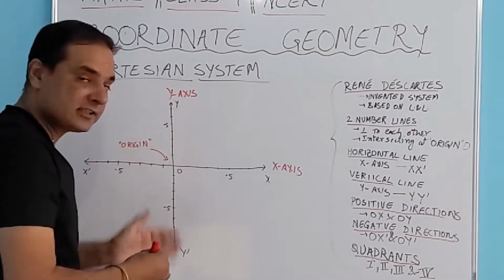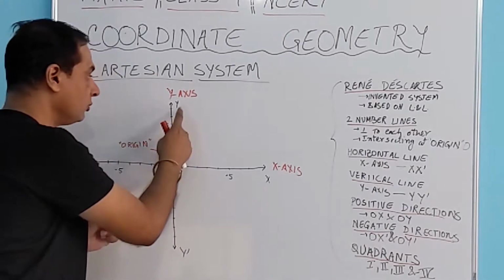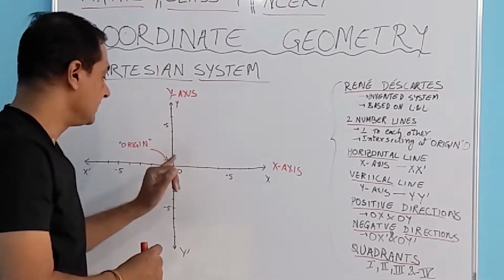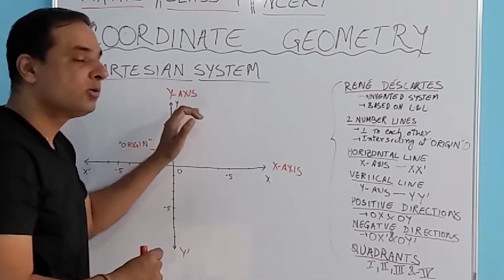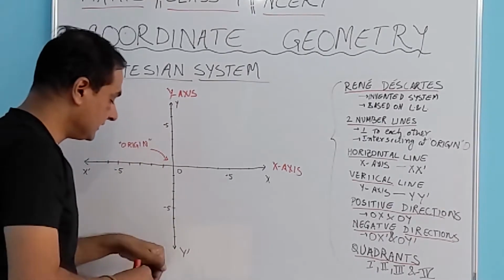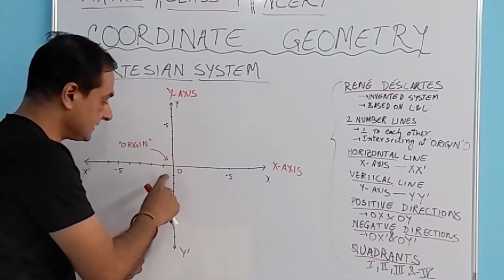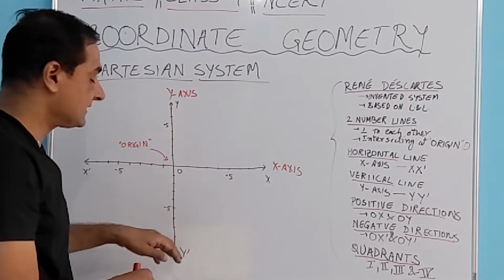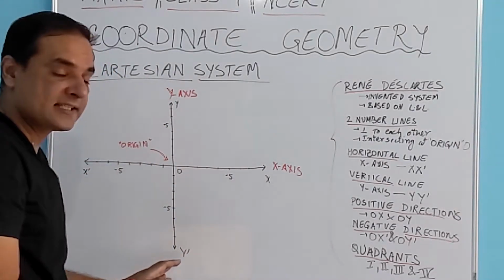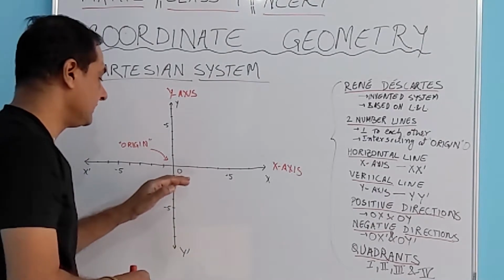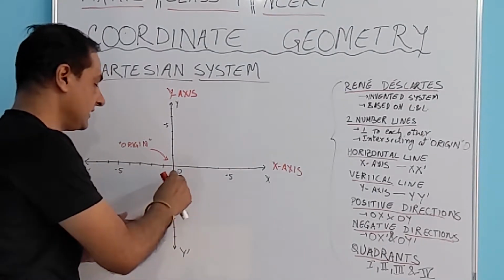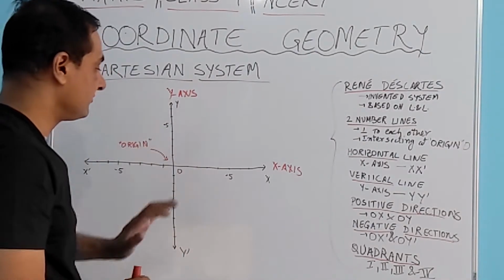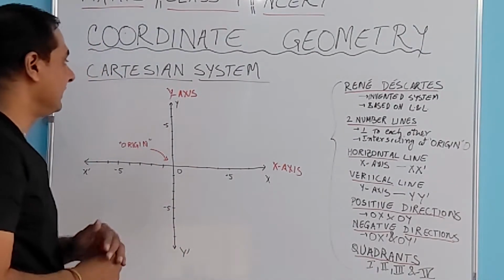Same thing if we look at the y axis, OY, which is upwards, 1, 2, 3, 4, this is the positive direction, denoted as OY. If we go down on the y axis, it's -1, -2, -3 and all the way down. So this is the negative direction for the y axis, and we denote that as OY'. So those are the positive and negative directions which we have on the Cartesian plane.